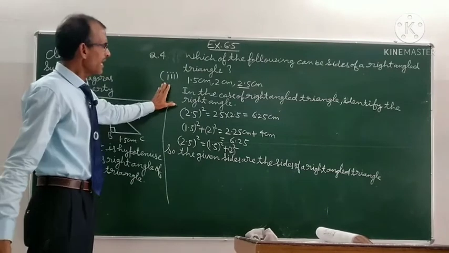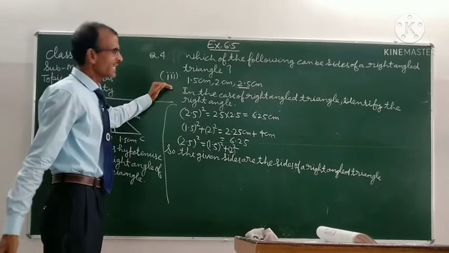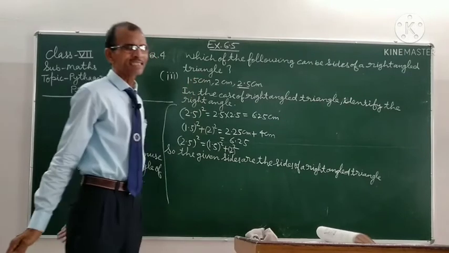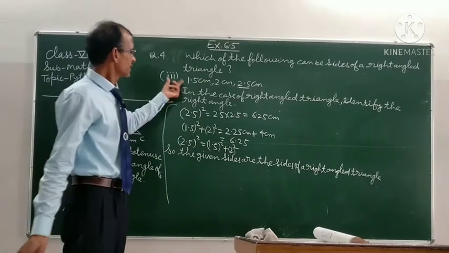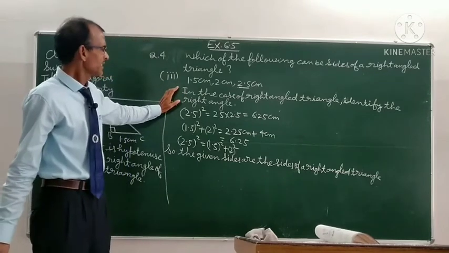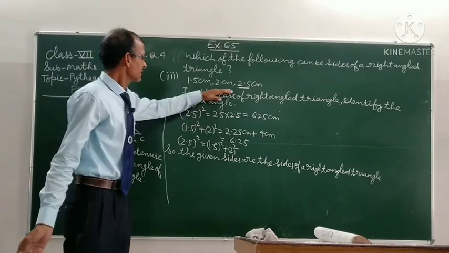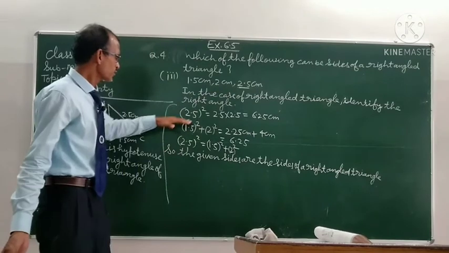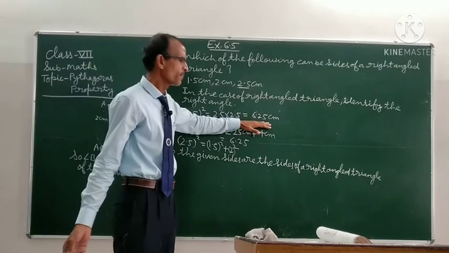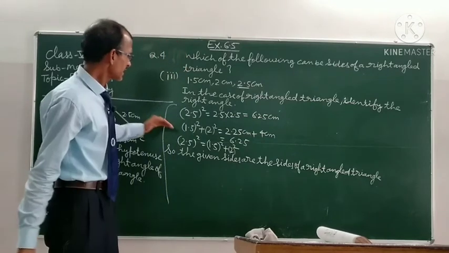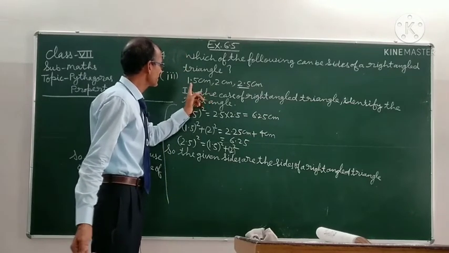So first of all we will check whether the given sides are the sides of a right angle triangle. To check this, first we find the square of the longest side. Here the longest side is 2.5. So we find the square of 2.5 and we get 6.25. Then we find the sum of square of remaining two sides.